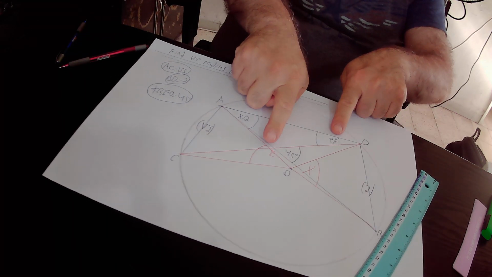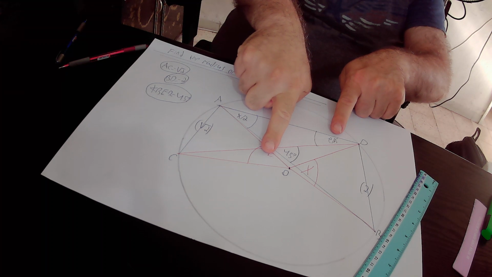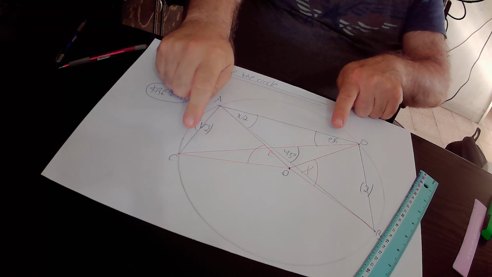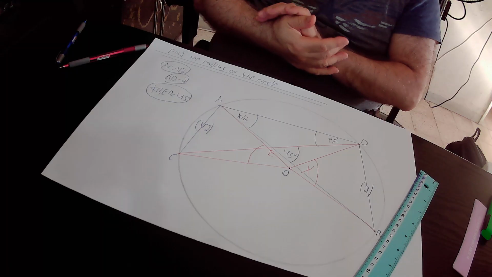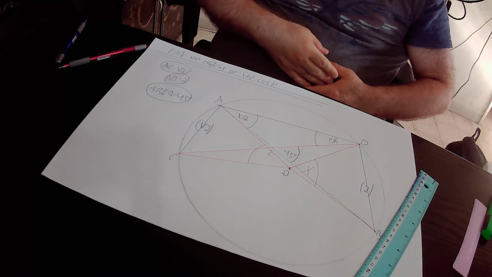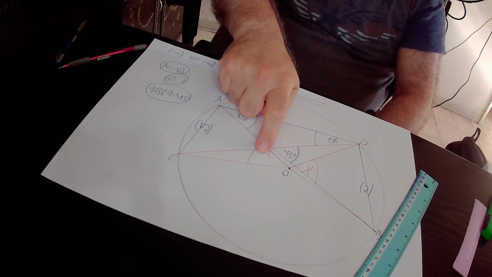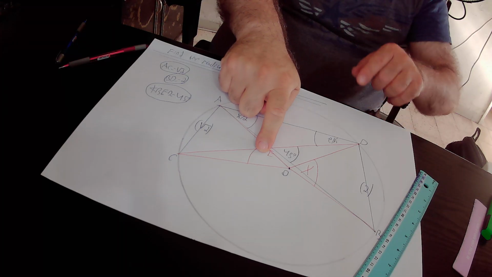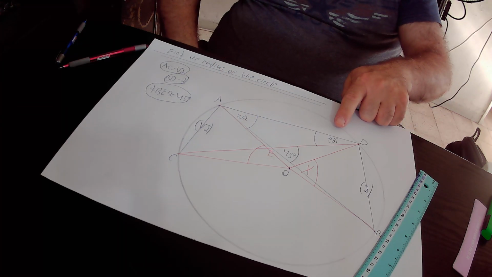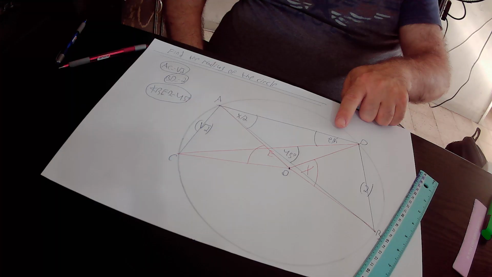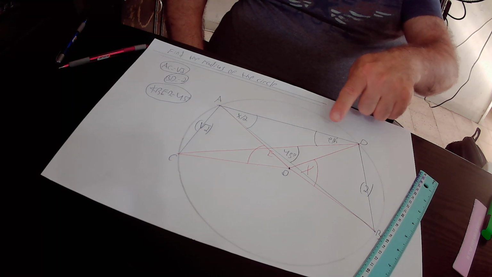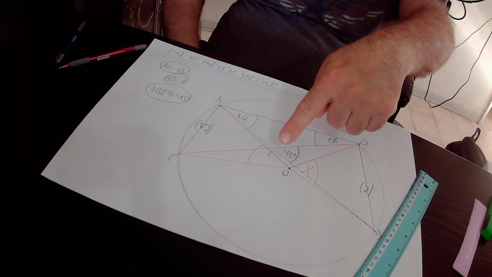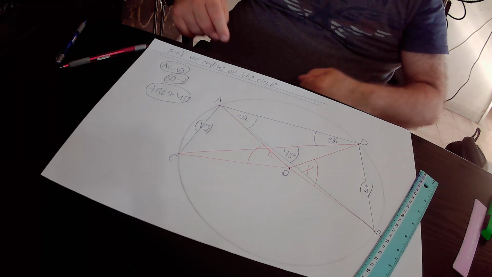So those two angles are both subtended on the same chord called AC, and therefore, according to rule 13, the size of this central angle must be twice as large as the size of this peripheral angle, that is y over 2. Therefore, the size of the central angle must be equal to y.